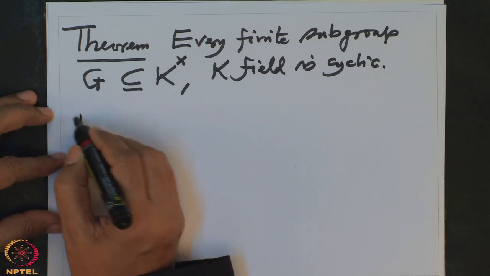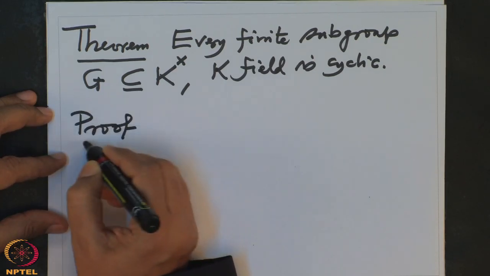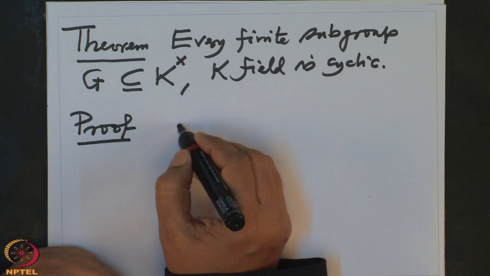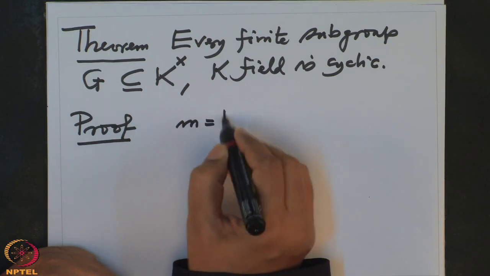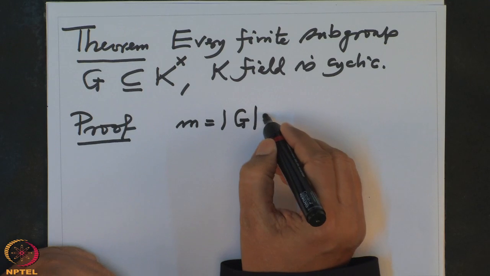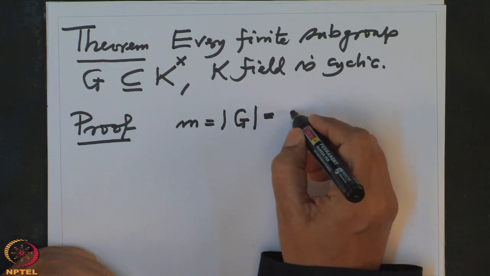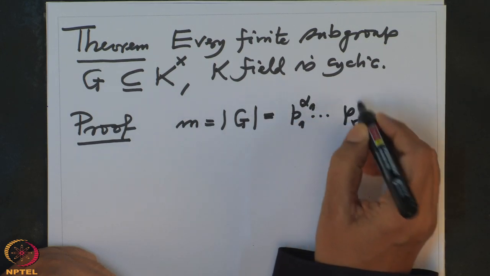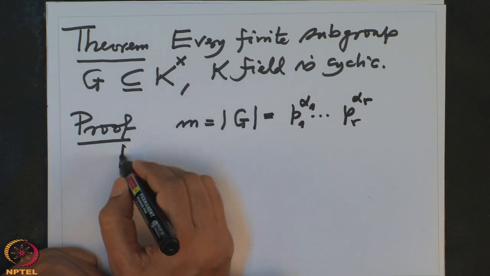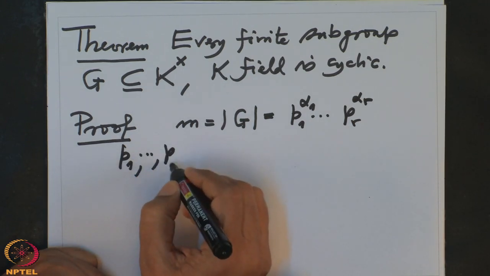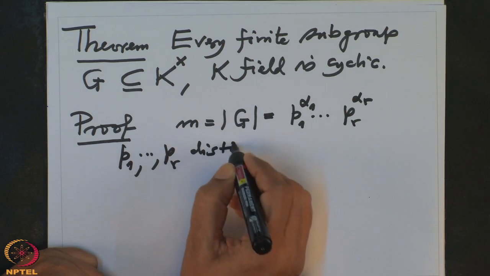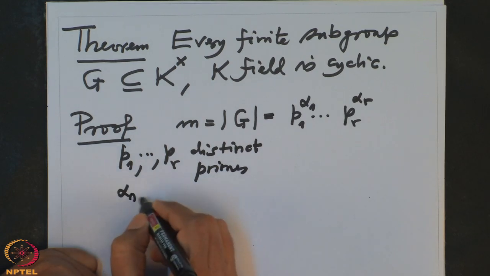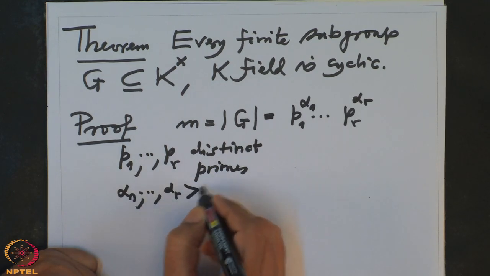So, proof. Let us look at the order of G. M is the order of G, which I will write as a prime decomposition p1 to the alpha 1 through pr to the alpha r, where these p1 to pr are distinct primes, and alpha 1 to alpha r are positive natural numbers.